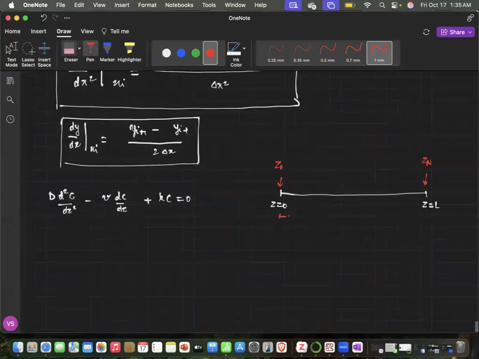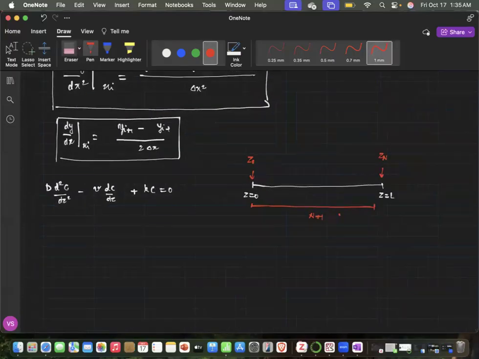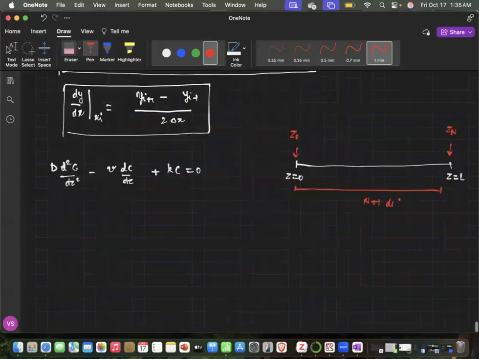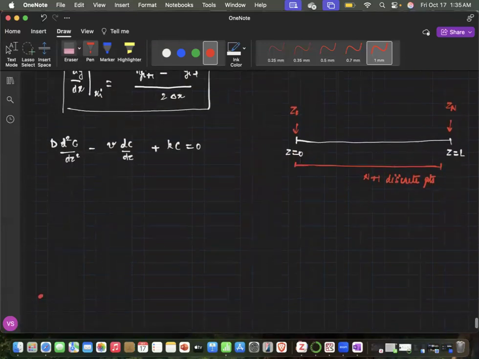So in total, you will have n plus 1 discrete points when you are dealing with this kind of a problem, right?